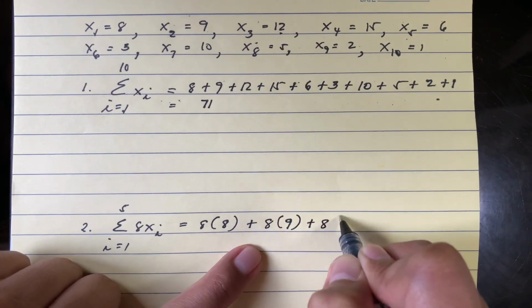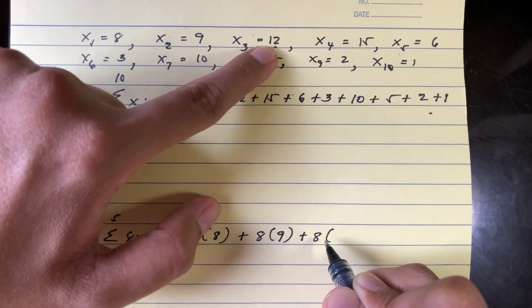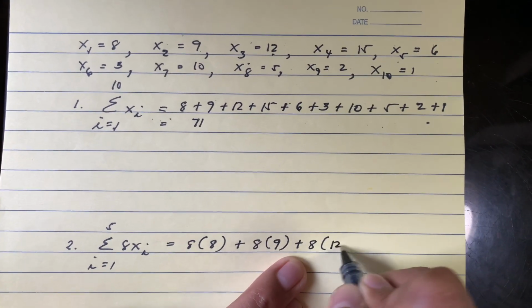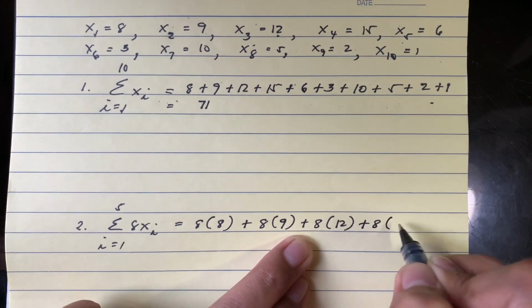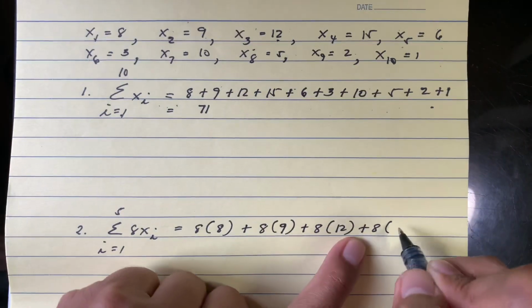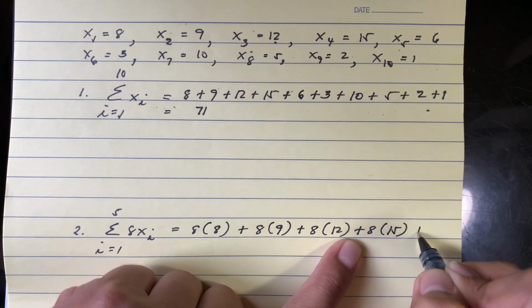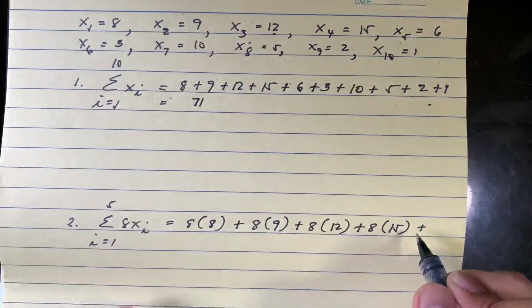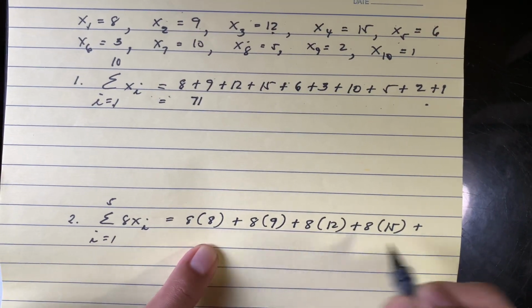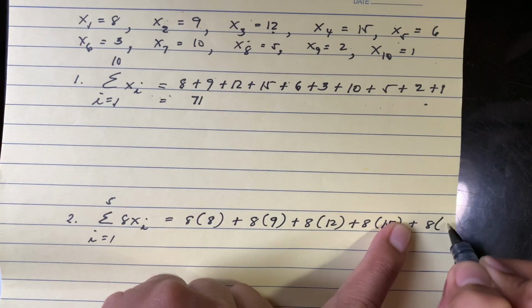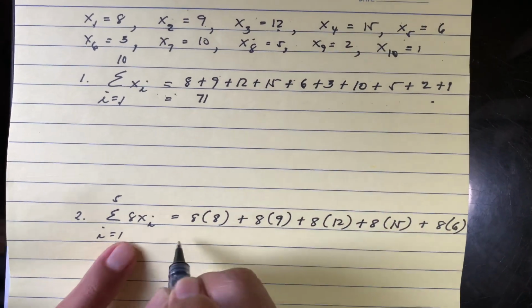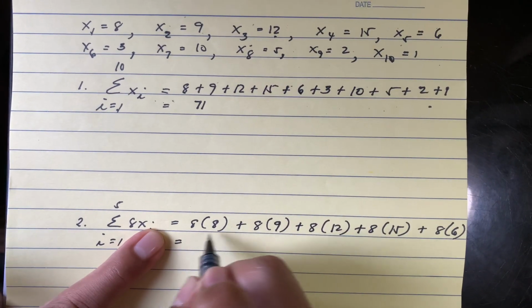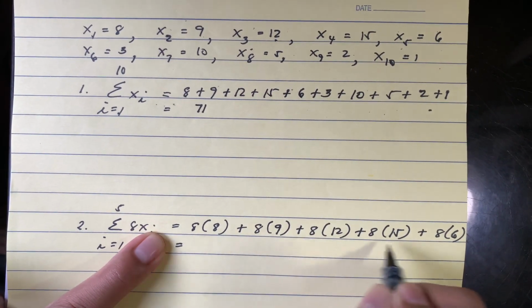Plus 8 times 12, that is known to be your x sub 3. Plus 8 times your x sub 4, that's equal to 15. Plus, then we have your x sub 5, which is equal to 6, so we have 8 times 6. Now, to find the answer, just get the product of each of the terms.